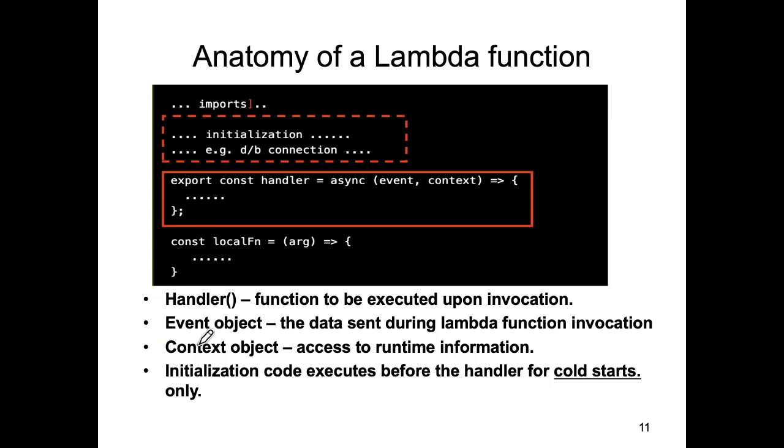There is a context parameter as well, which we don't tend to use that much, but if you need more information about the runtime context for your Lambda function, you could get it from this context object. And then there's the initialization code part of the Lambda function file, and that appears before the actual handler function itself.